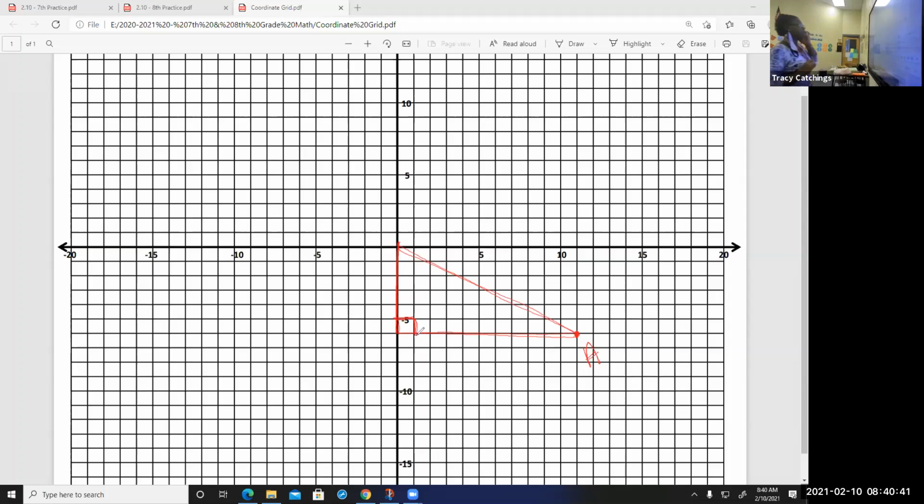All right, so we made our triangle. What will be our lengths of A and B? A is 11. B?